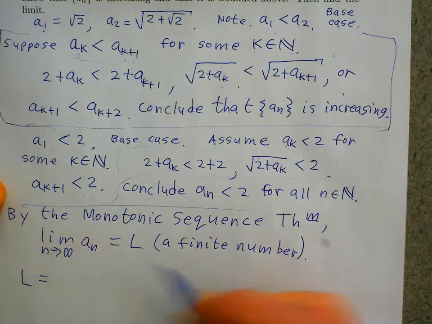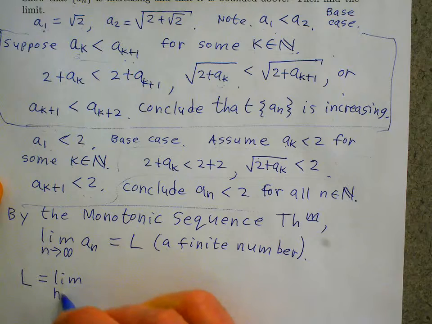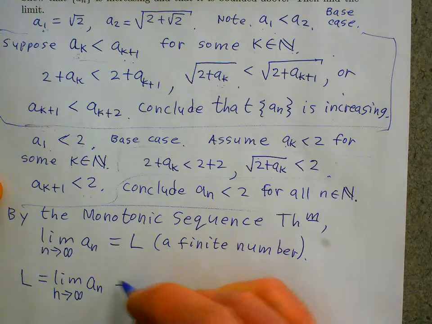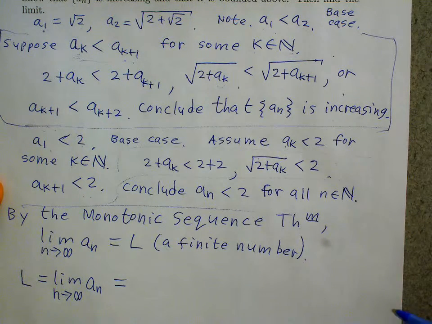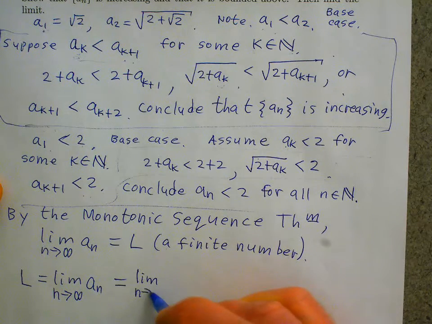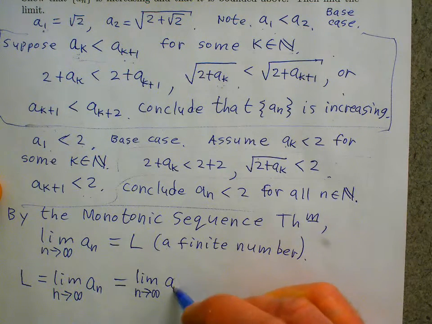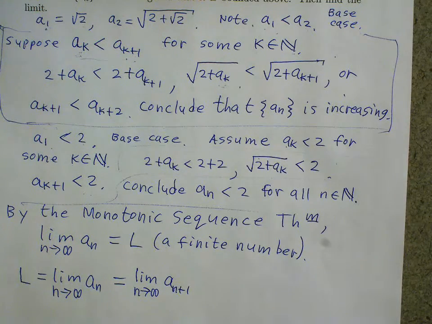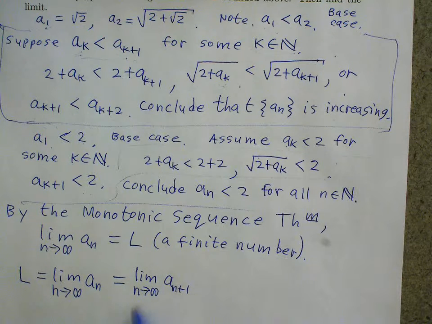L is equal to the limit as n approaches infinity of the a sub n terms. But this is also equal to the limit as n approaches infinity of a sub n plus 1. That has to be true: if the limit of a sub n as n approaches infinity is equal to L, then if I just take the limit of a sub n plus 1 as n approaches infinity, I still get the same limit, right?